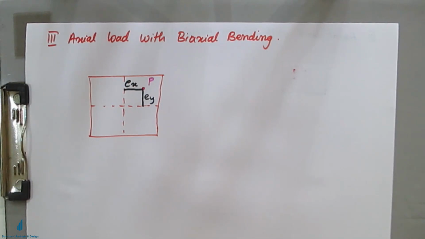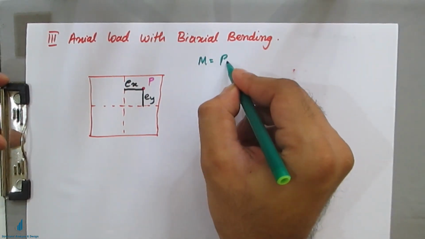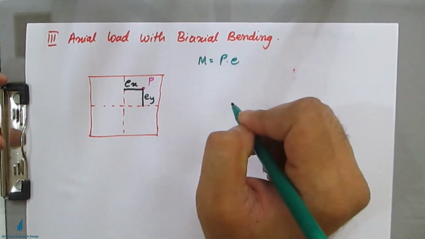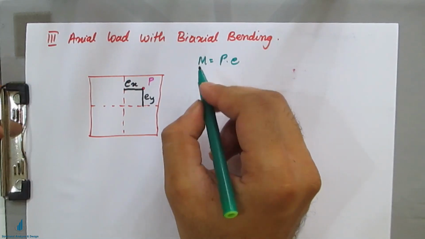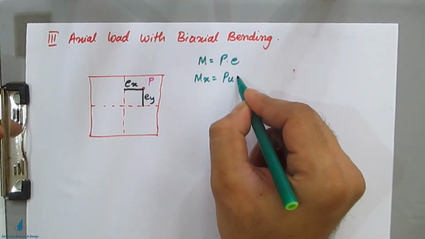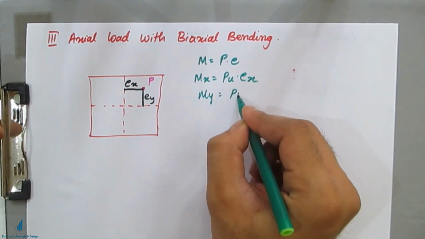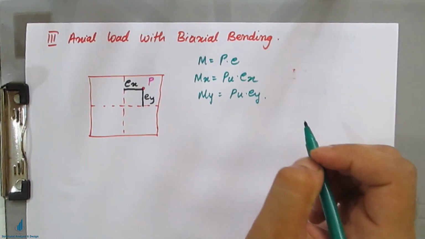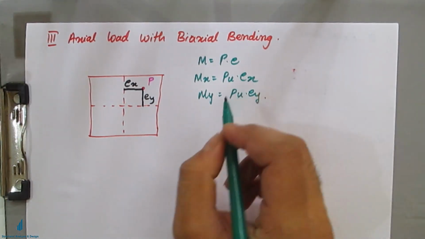In the previous case we have seen the moment is generated when there is a load and an eccentricity. So here in this case there are two eccentricities. So Mx equals Pu into ex and My equals Pu into ey. So there are two eccentricities and it will create two moments.